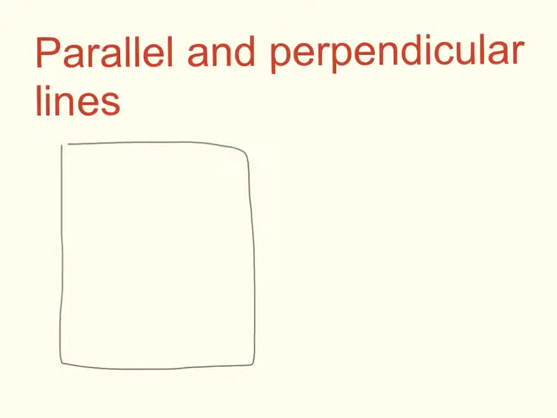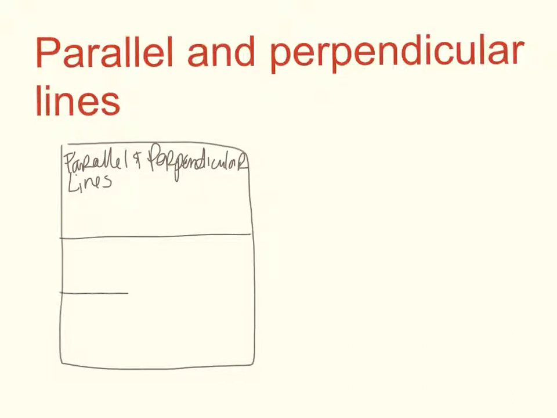Hi everyone, please take out a separate sheet of paper, and at the top, please write parallel and perpendicular lines. You're going to need to split your paper into three equal spots.